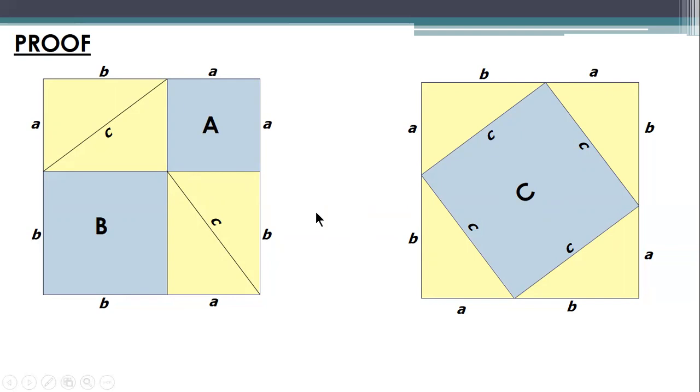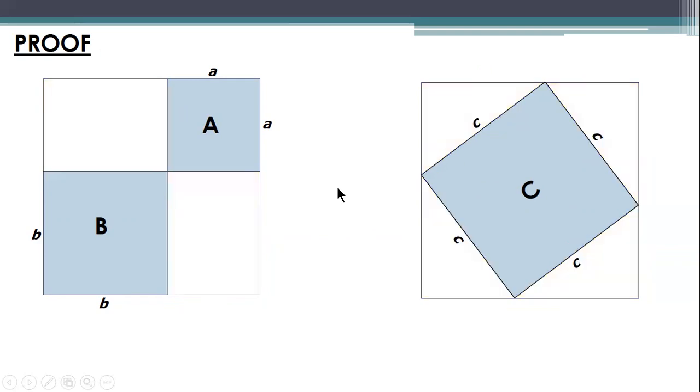The next step is, if we remove the four triangles there, and the same with this one, since they are identical, this is what will happen. What remains is squares A and B on the left, and square C on the right. Therefore, the area of this square is equal to the sum of these squares, A and B, because the area of the four triangles is equal on both sides.